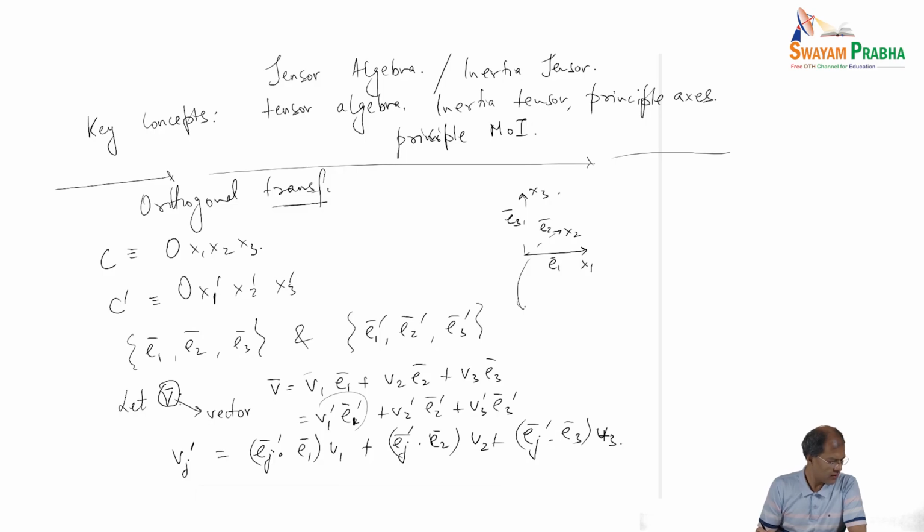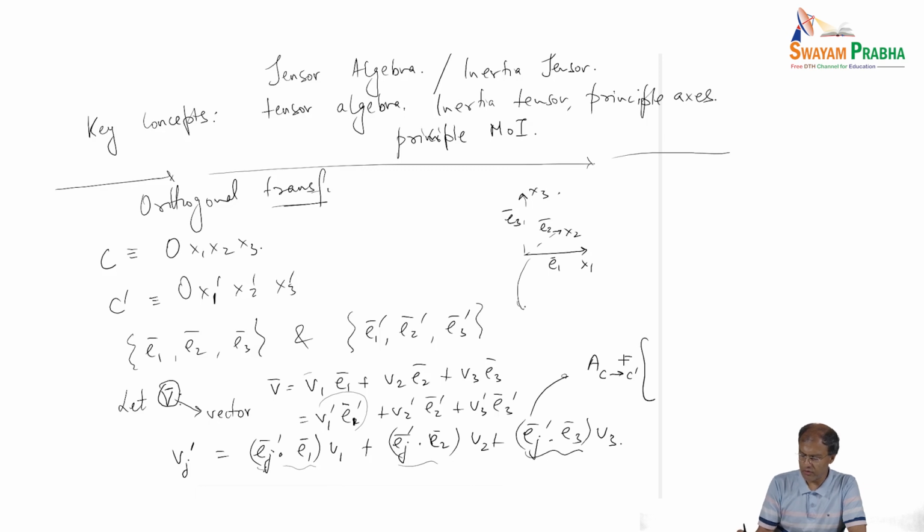And we can now rewrite our transformation matrix A going from C to C prime. We can see that the Vj prime can be represented by these elements Ej prime dot E1, Ej prime dot E2 and so on.